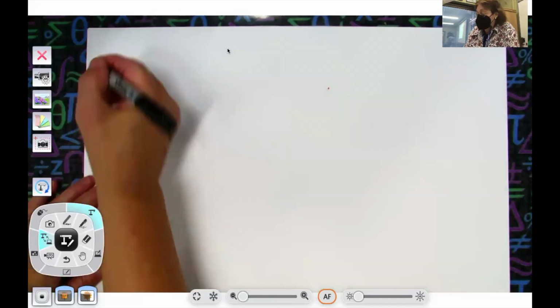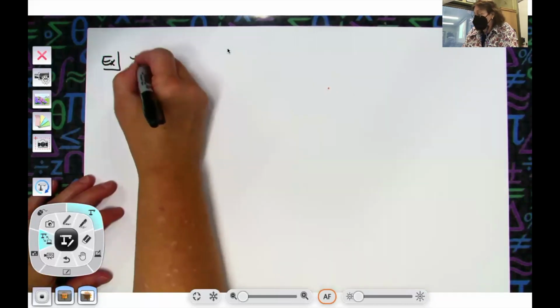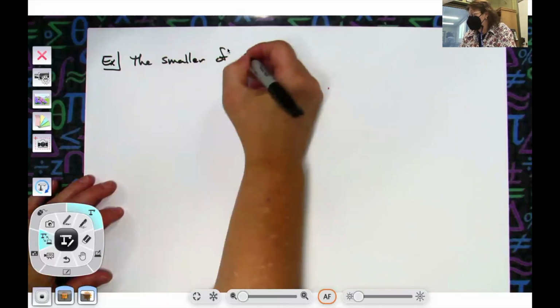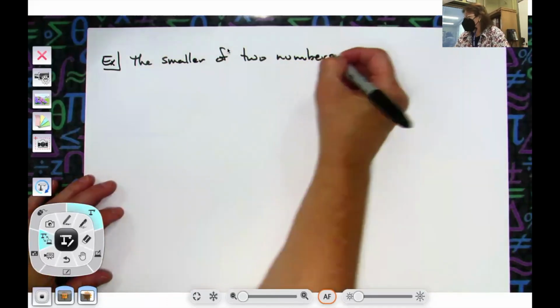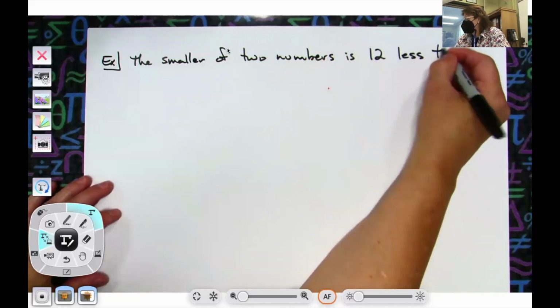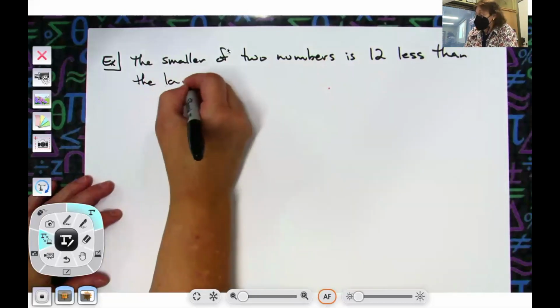Which one do I want to do here? Let's try this one. The smaller of 2 numbers is 12 less than the larger number.